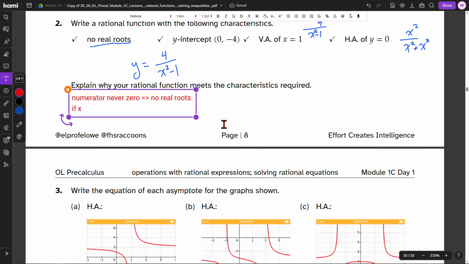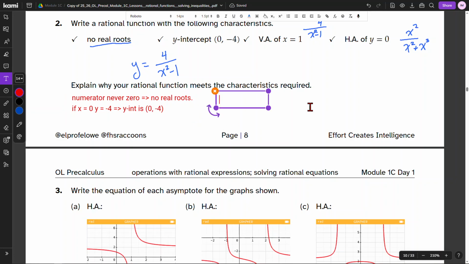If x is equal to 0, right, y equals -4, right? So that implies that our y-intercept is (0, -4), right?